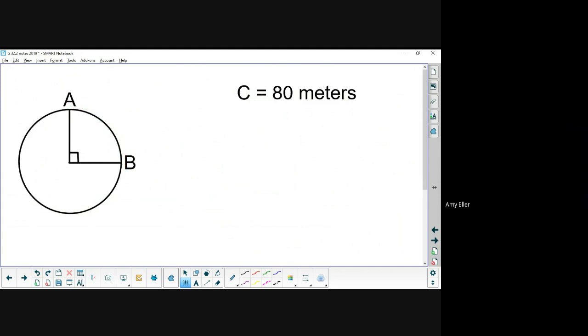Let me give you another idea. You don't have to write this down either. Let's say I know that the circumference of this whole circle is 80. The whole circumference is 80. Think about if you could figure how big this arc is if the whole thing is 80.